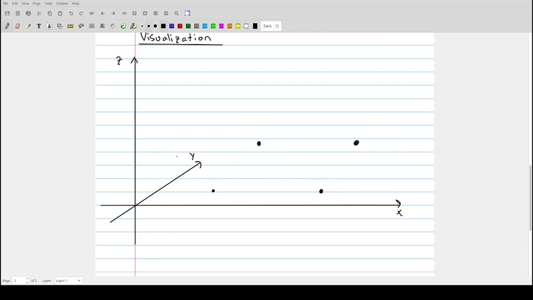Let's say for argument's sake the function takes on maybe this z value here, this z value here, this z value here, and then this z value here. And the surface looks like this on the boundaries.